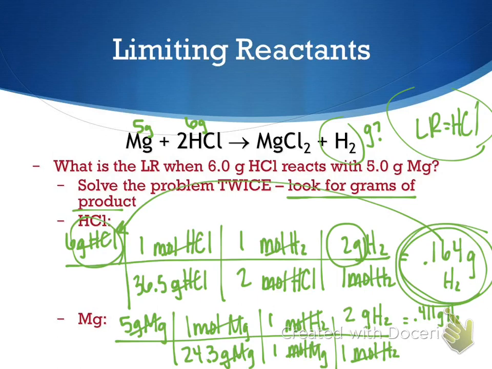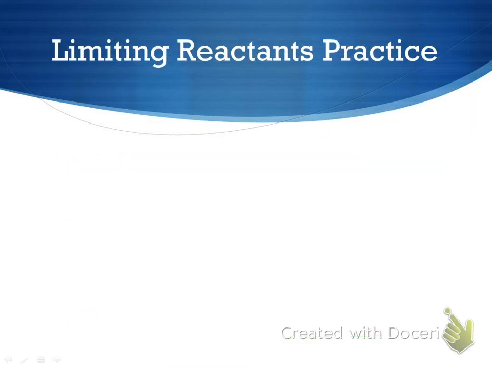In both of the problems we've done so far, coincidentally, the larger number of starting grams ends up being our limiting reactant. So you have to understand it's not necessarily whichever one you start with less grams that is your limiting reactant. For both our examples, it's been the other way around.